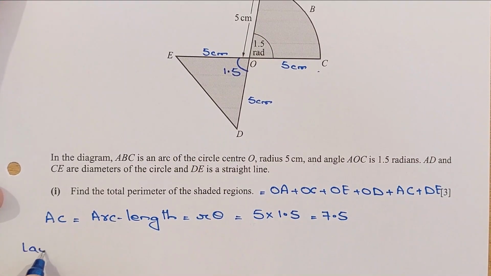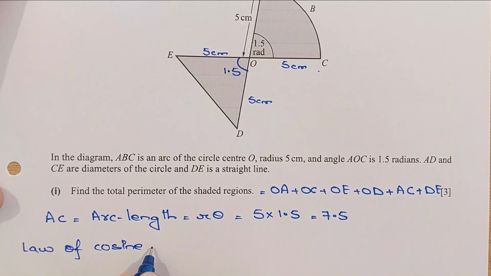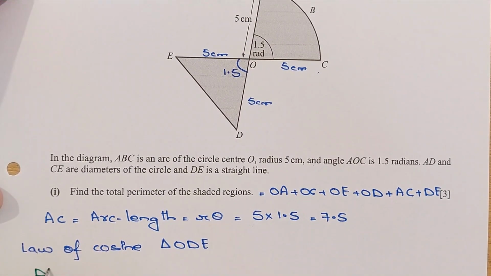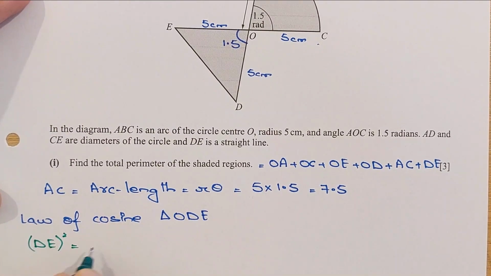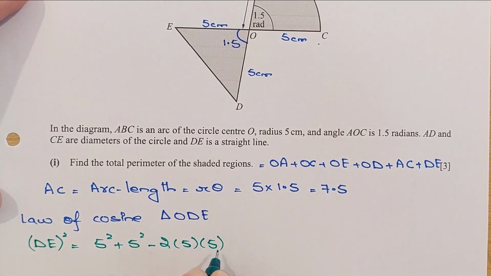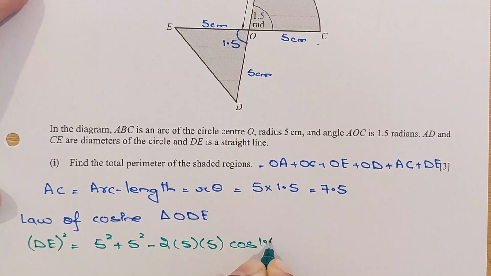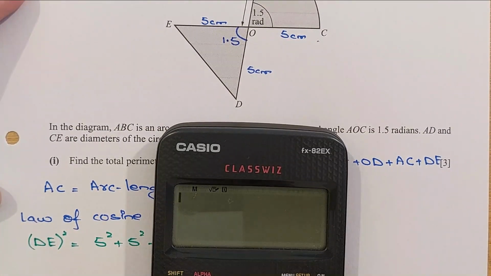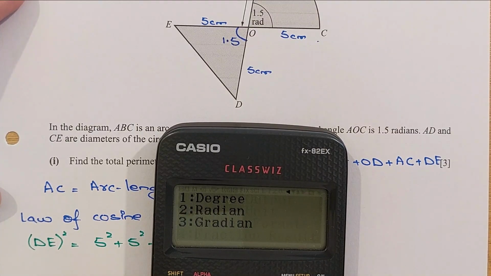Law of cosines on the triangle ODE. We have to find DE, so DE squared is equal to 5 squared plus 5 squared minus 2 times 5 times 5 times cos of 1.5, right? Let me simplify. It must be in radians. My calculator is in degrees, so I converted it into radians.